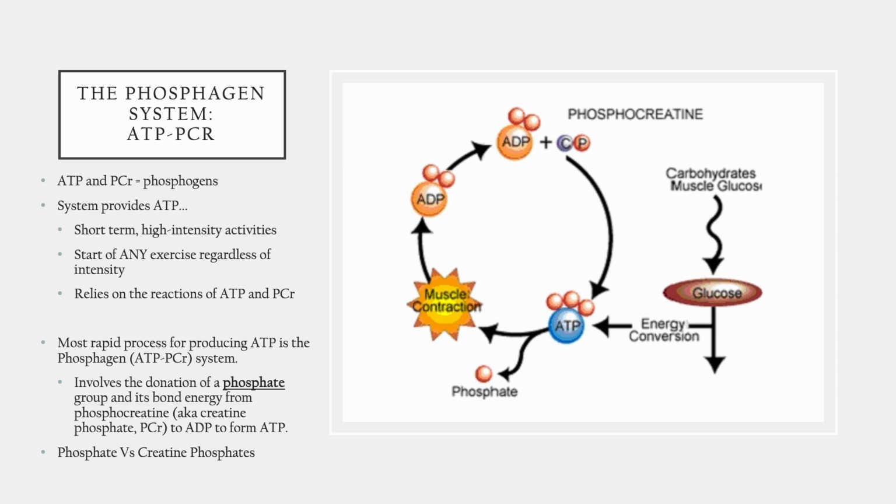So again, the phosphates are just the storage of energy in the ATP molecule. We have 3 of them. Creatine phosphate is the transfer of high energy phosphate molecules, because we have to be able to transfer it from where it's being stored. It can't just be used immediately from that stored location.